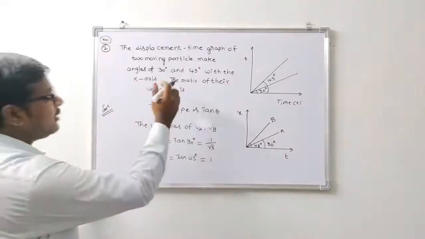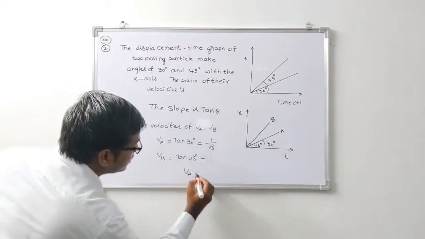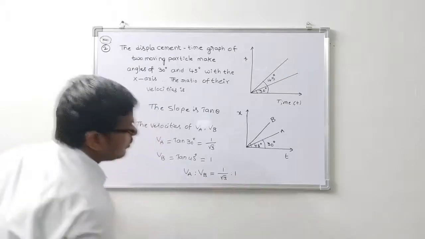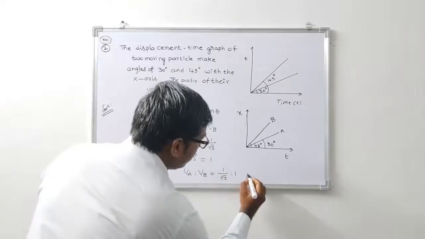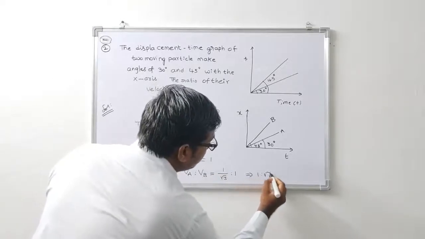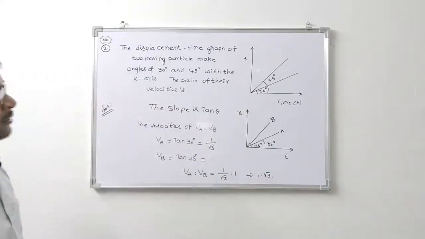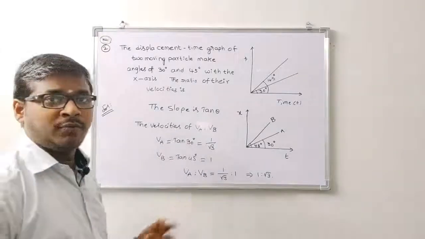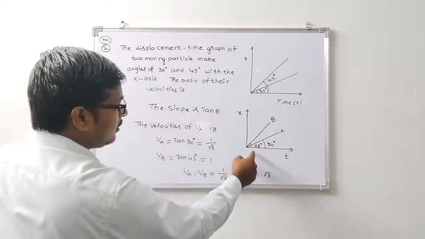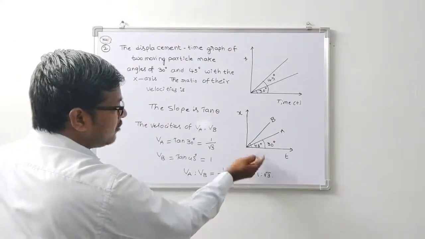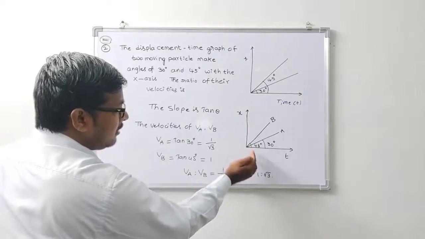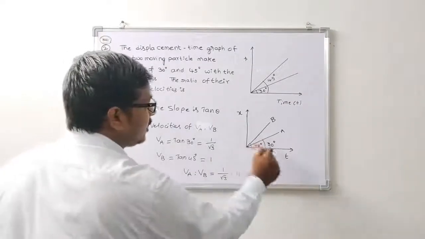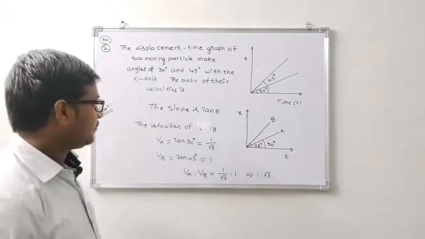Find out the ratio: VA is to VB is equal to 1 by root 3 is to 1. Okay, cross multiplication, that value is 1 is to root 3. This is a very important and very simple problem. In this one, the angle is measured in the anti-clockwise direction, not clockwise, anti-clockwise, in the position time graph.